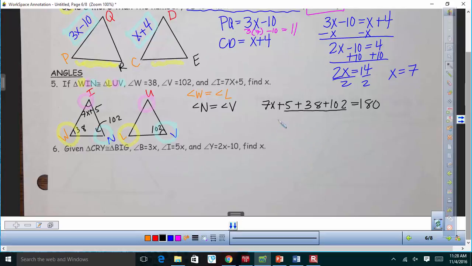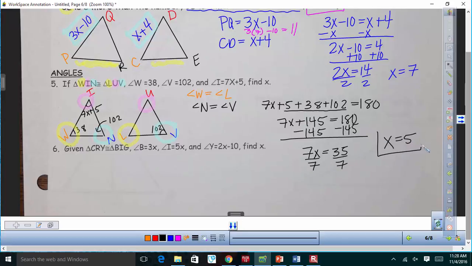What does that give us? 145. Then from there, we're just solving for x. So we would subtract 145. Very good. That would give us 35. Then we would divide both sides by 7, and so x equals 5.